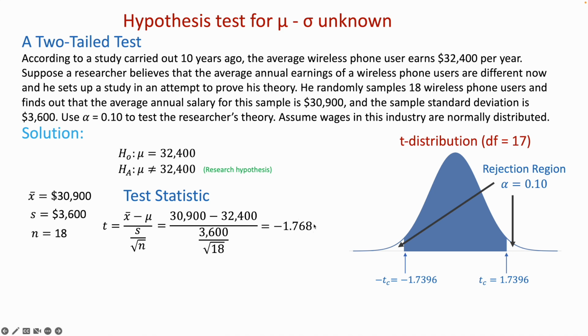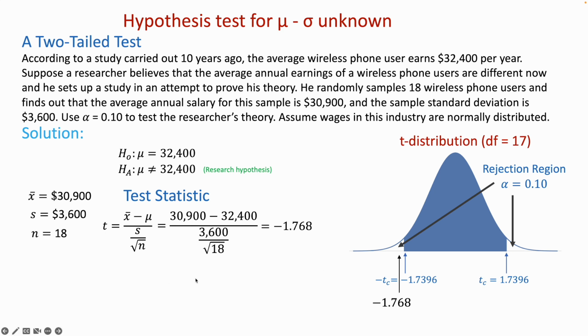And now I need to see if this value is in the rejection region or the acceptance region. It's negative, so I know it will be to the left, negative 1.77 almost, and this is negative 1.73. Definitely it is to the left of this. This value, negative 1.768, is in the rejection region.